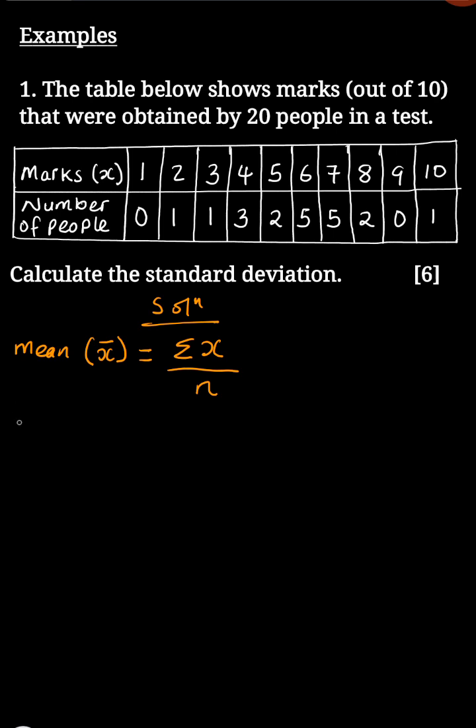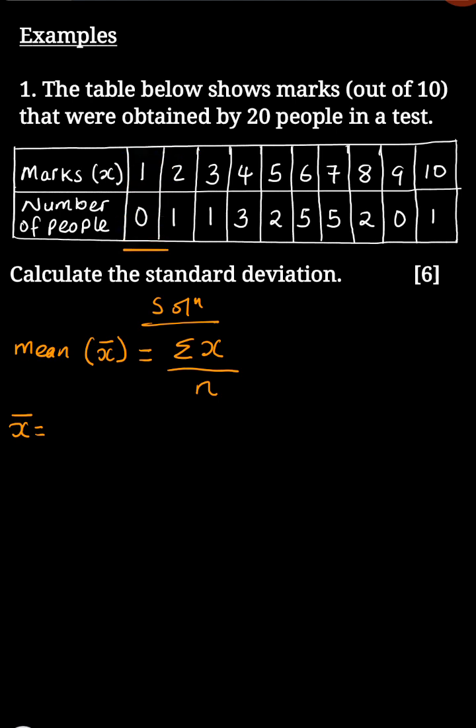You are going to say my x bar, or the mean, is equal to. So what you do is this. When you look at your table, you will have columns. What do I mean by columns? These are the columns.